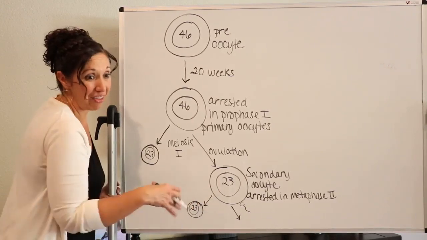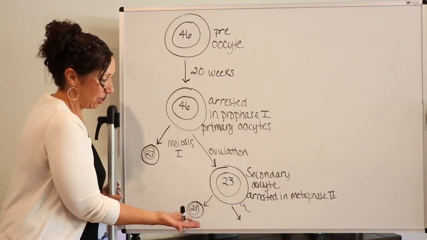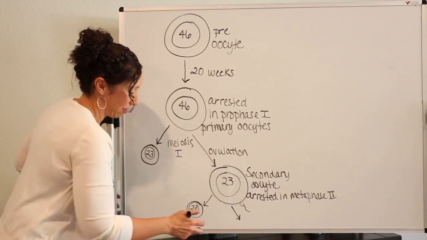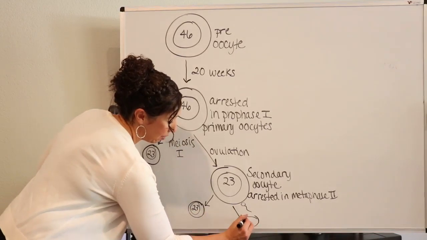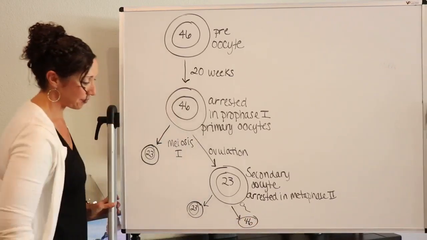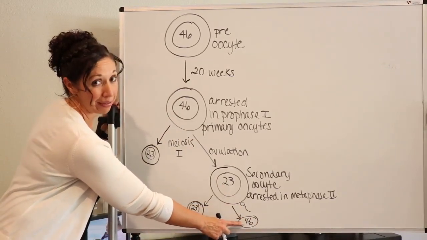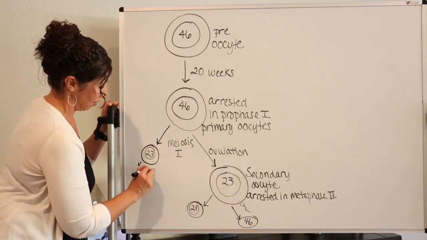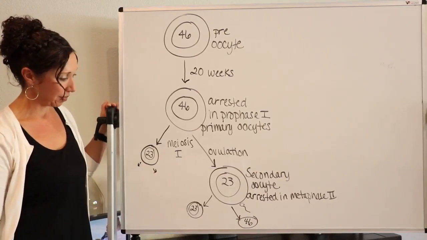It's like, give me everything you have, because I need to grow a baby. Then this one becomes the fertilized egg, and it becomes 46 after that, because 23 from mom, 23 from dad makes the 46. And then this one also realizes it's got to split as well. So it's interesting, the polar bodies know what to do.